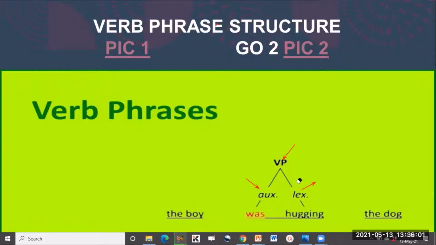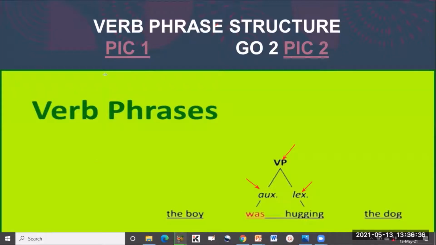So lexical verb, that's the word lexical is another name for main verb. And so when we look at here, in this example, the boy was hugging the dog. The boy was hugging the dog. And when we look at this, then the auxiliary verb is was, and the main or lexical verb is hugging.